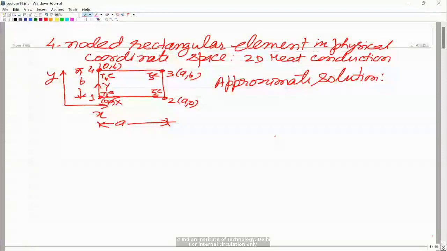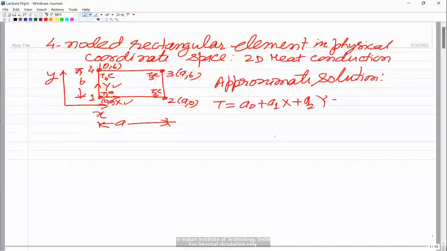So whatever approximate solution we assume should have four unknown constants. Therefore we assume the interpolation in terms of local coordinates capital X and capital Y: T equal to a0 plus a1 X plus a2 Y plus a3 XY.